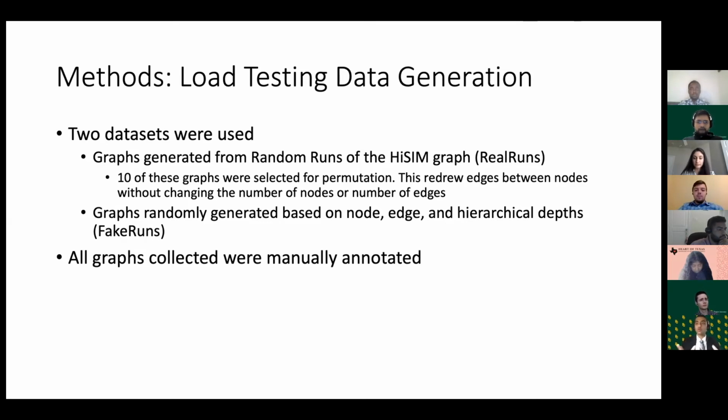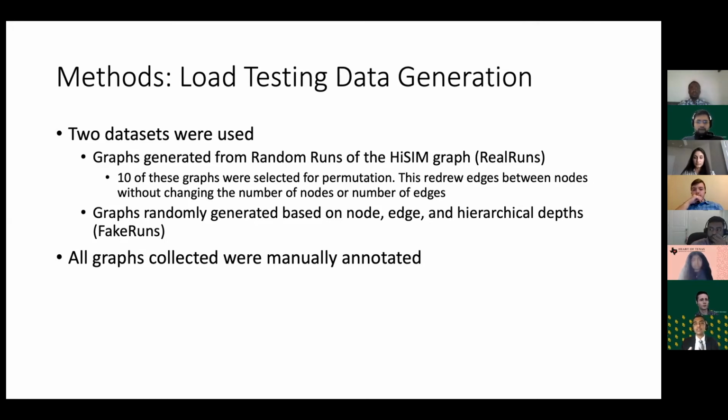We stored the graphs that did work as one data set. Then we also took 10 of those graphs and randomly permuted them. This redrew the edges between the nodes without changing the number of nodes or the number of edges. The real idea for doing this was to make sure that there were no latent factors within the structure of the graph causing the visualization to appear incorrectly.